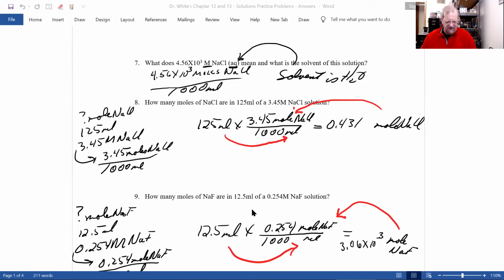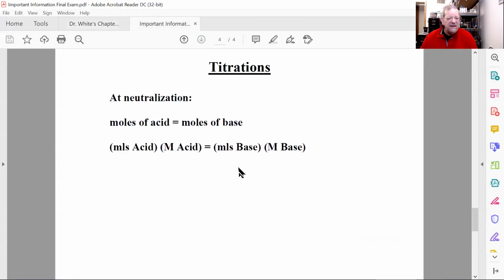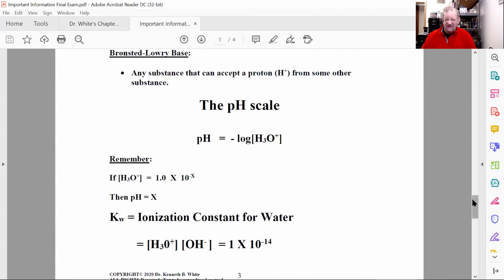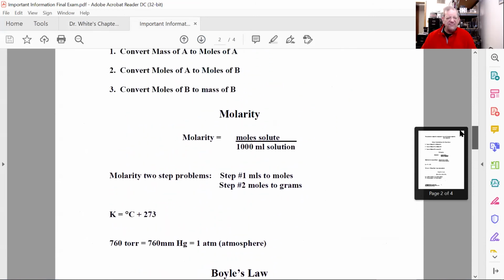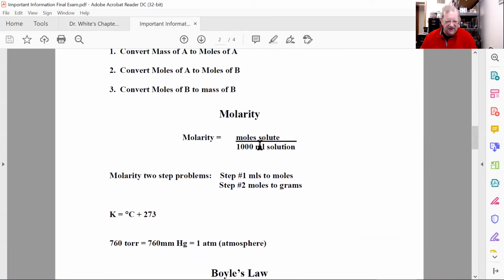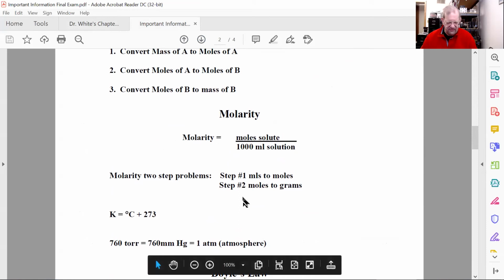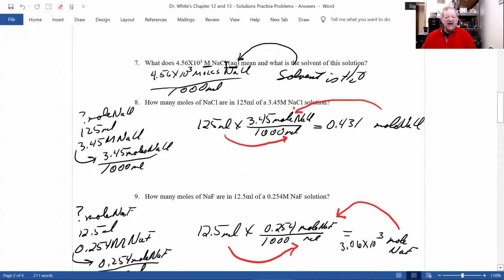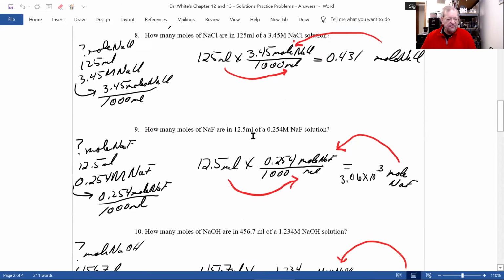And if we find important information, final exam, you'll see molarity, moles solute per 1,000 milliliters. And the AQ in brackets means aqueous, which means the solvent is water.